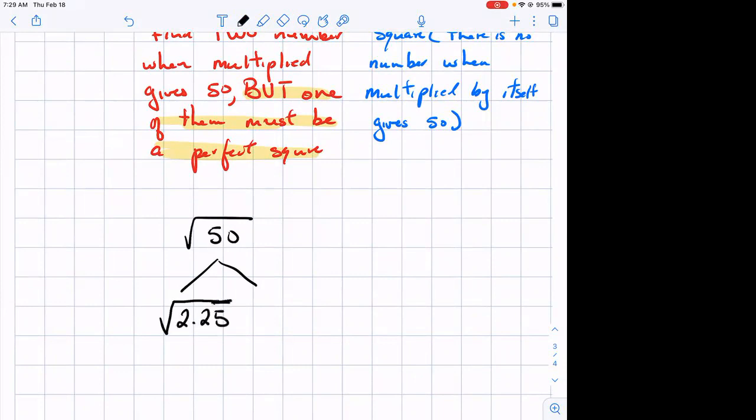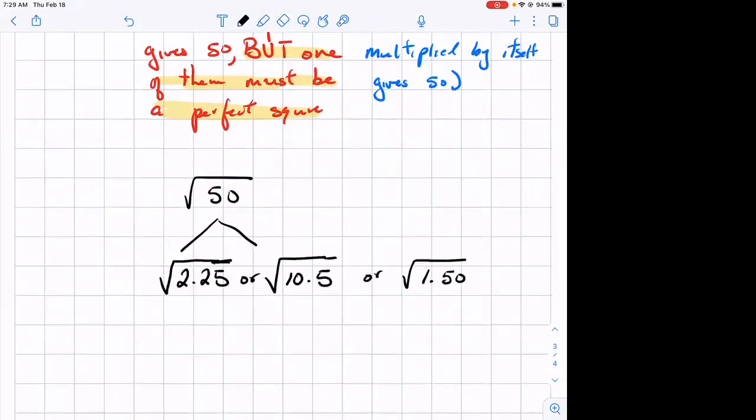That gives 50. We can have the square root of 10 times 5. That is 50. Or we can have the square root of 1 times 50. Or we can have the square root of, and this list goes on and on, right? This list can go on and on and on.